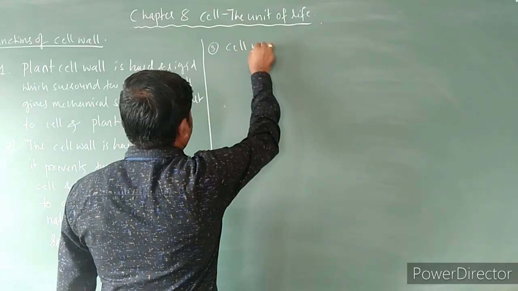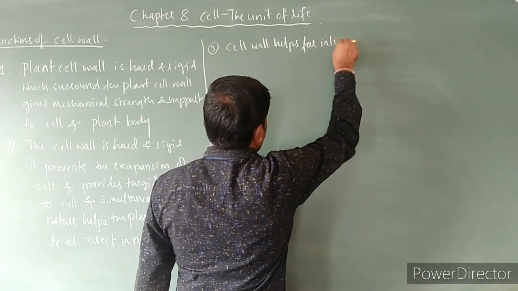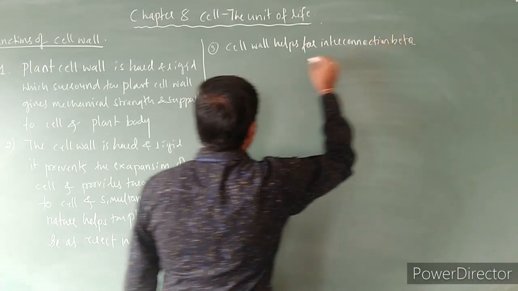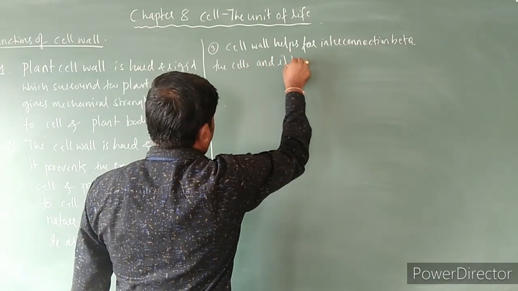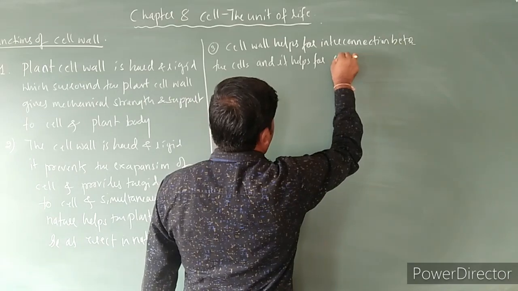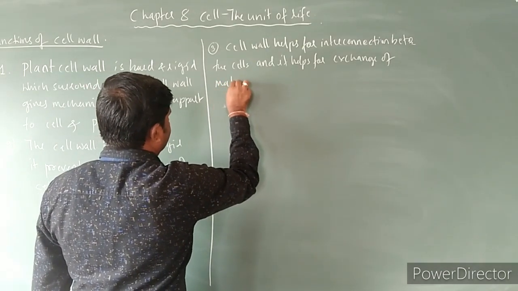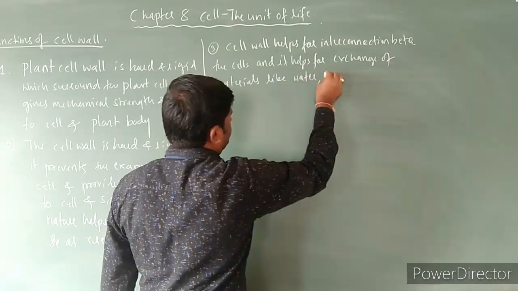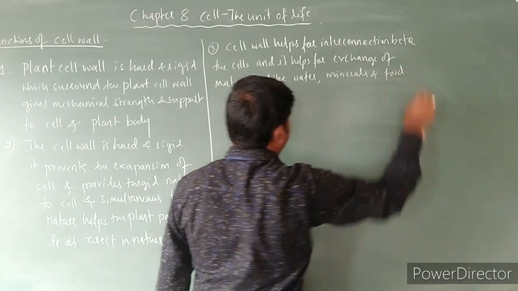So the cell wall helps for interconnection between the cells, and it helps for exchange of materials like water, minerals, as well as organic foods.